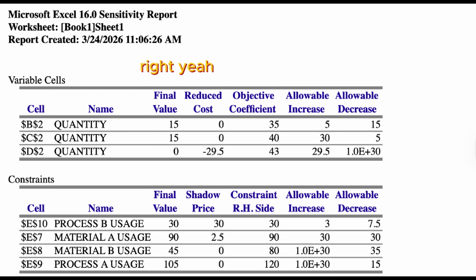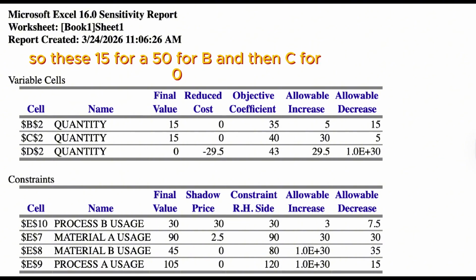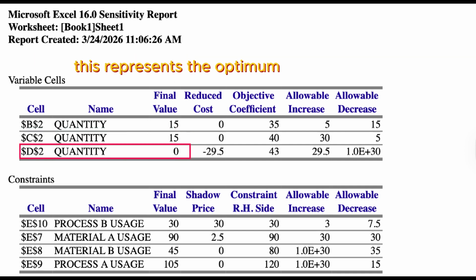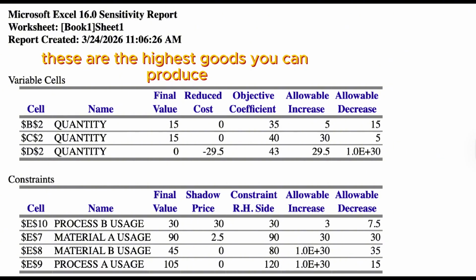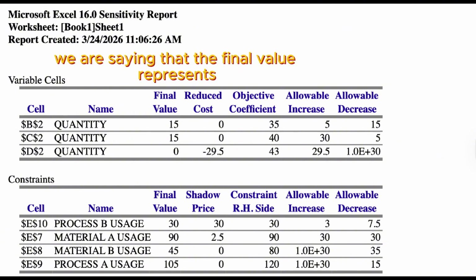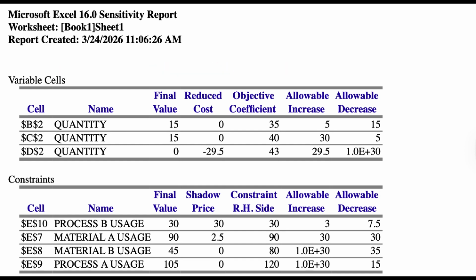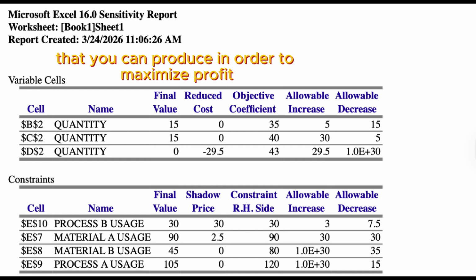The values here are 15 for A, 50 for B, and 0 for C. This represents the optimum solution that you could acquire. If you are producing goods, these are the highest quantities you can produce in order to maximize profit.